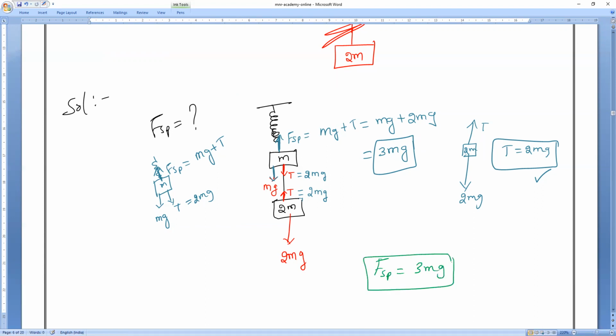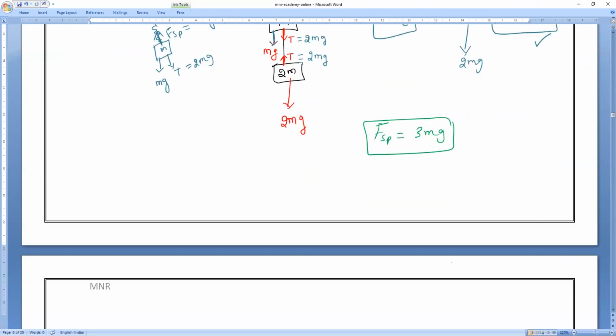Okay. Now the question is at equilibrium, the string. Observe, everybody, at equilibrium. String also. Spring we will study tomorrow. String alone we'll see now. So the string is cut away.